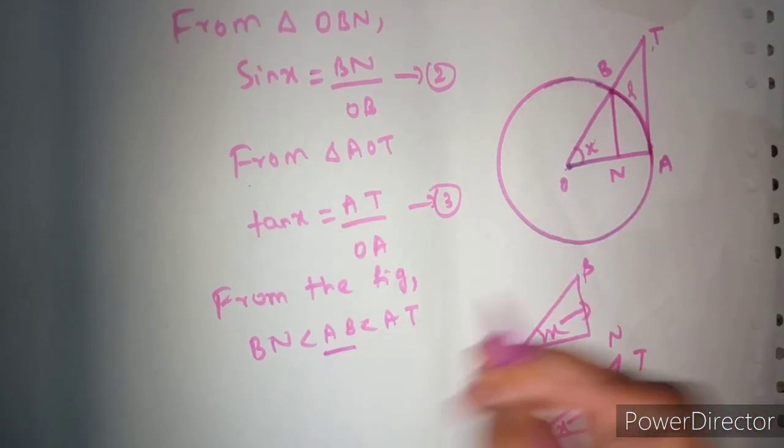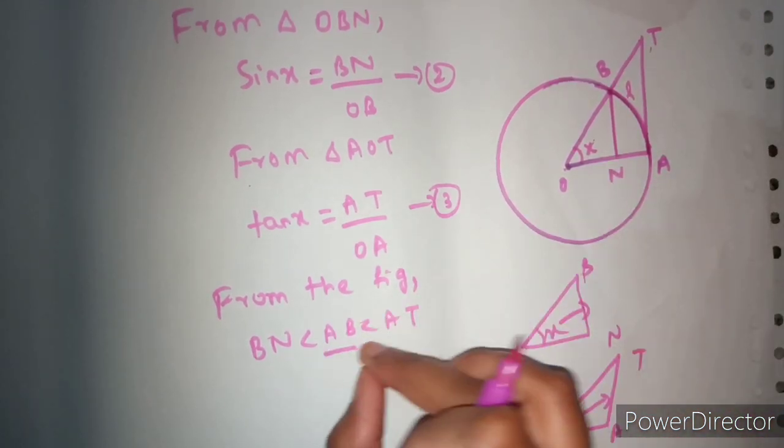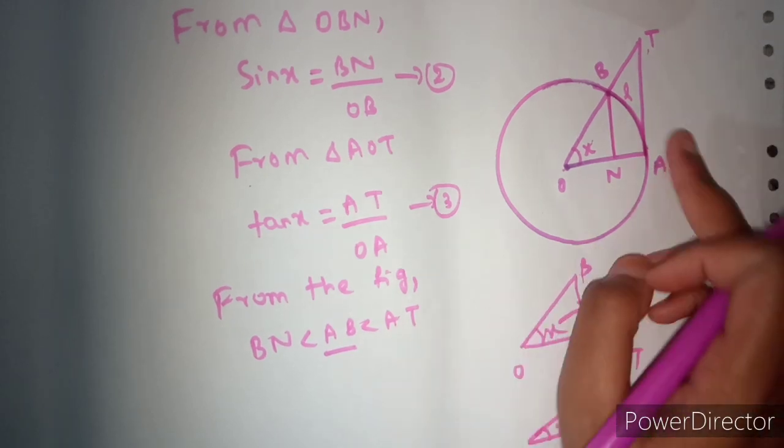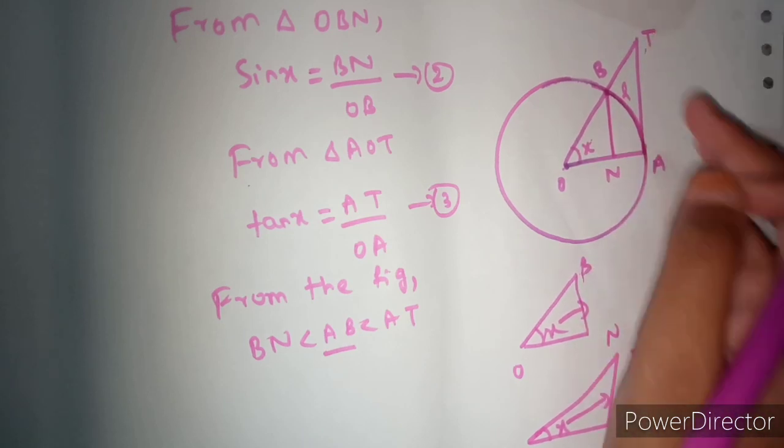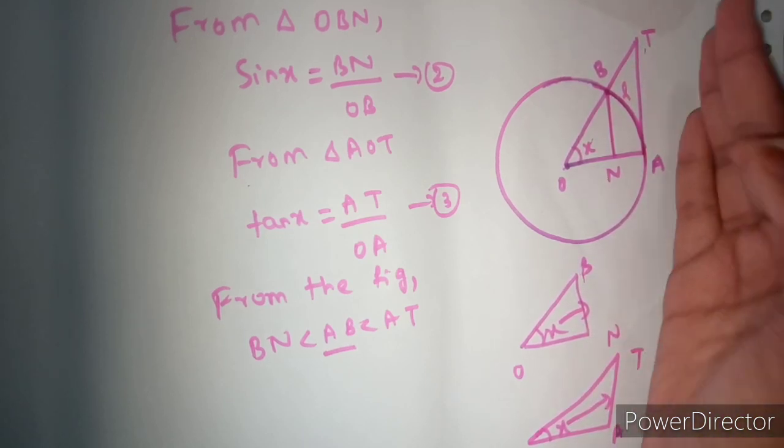And again the length of AB is less than AT, because this AT is lying outside the circle, so obviously its length will be greater than AB.